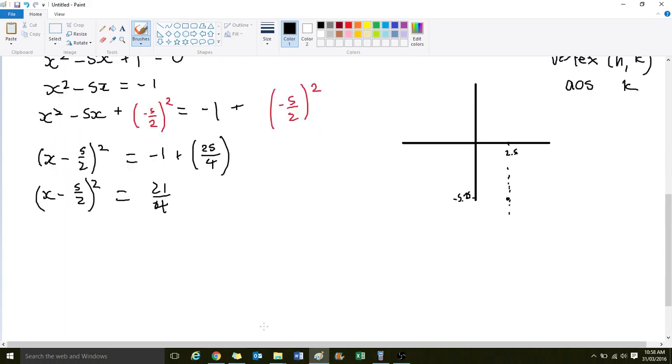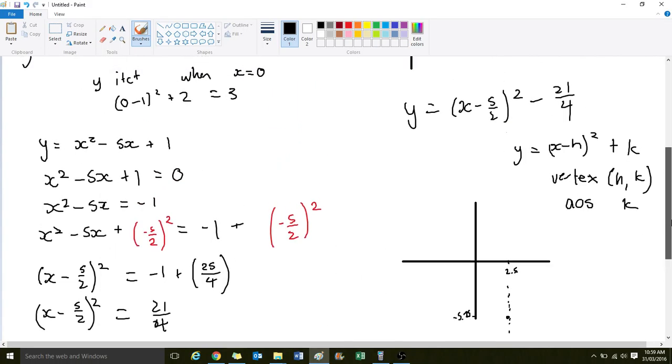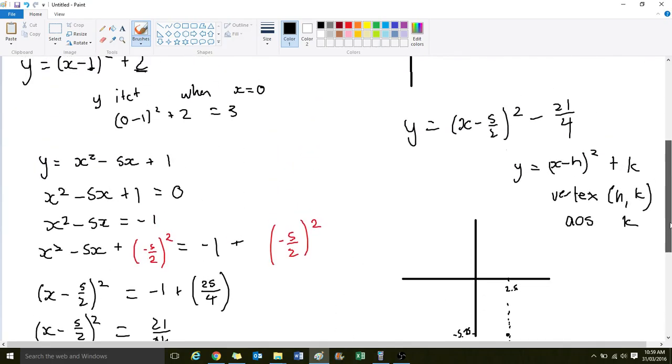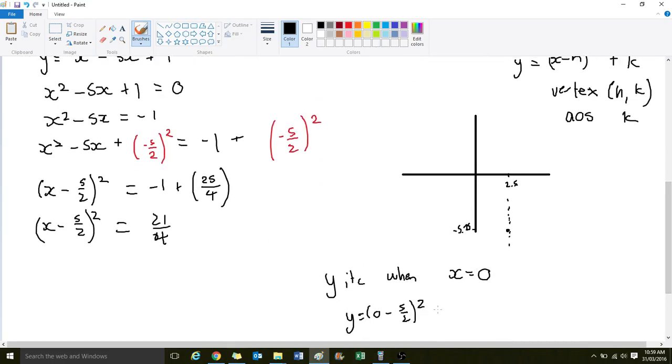Now again, the y-intercept occurs when x is 0. So if we're putting 0 into the equation, we're going to have y equals 0 take 5 on 2 squared take 21 on 4.